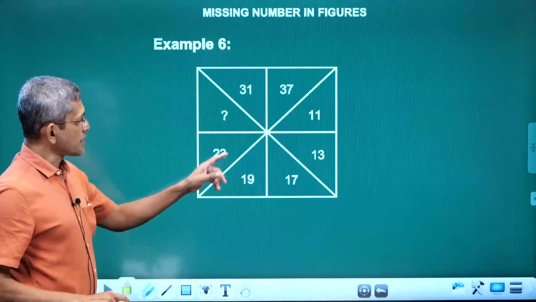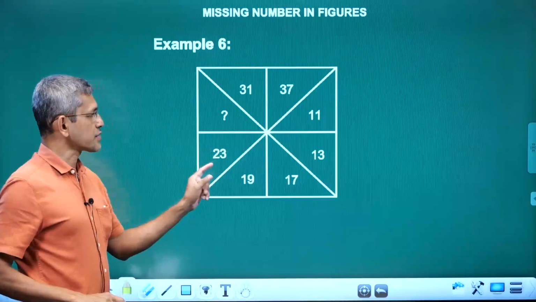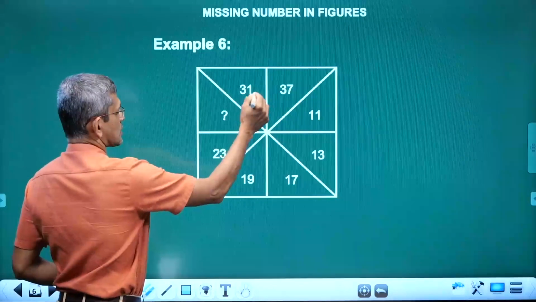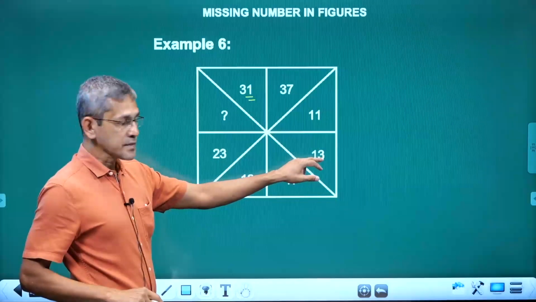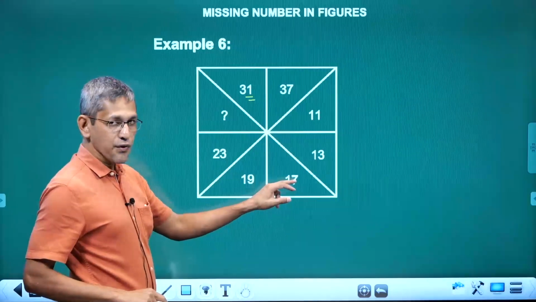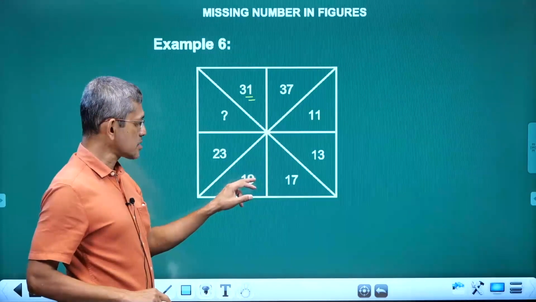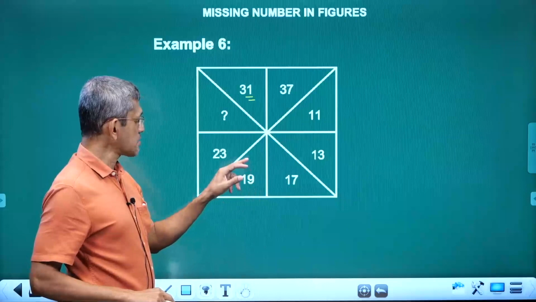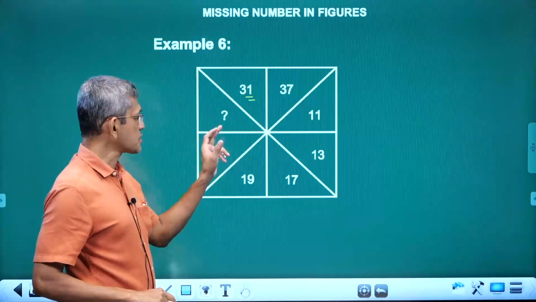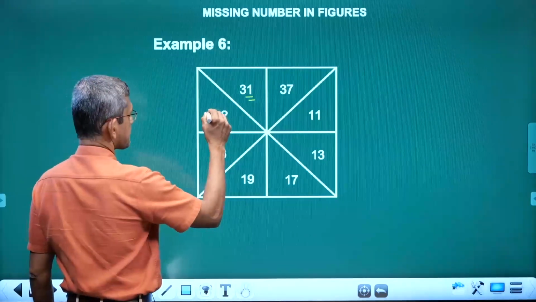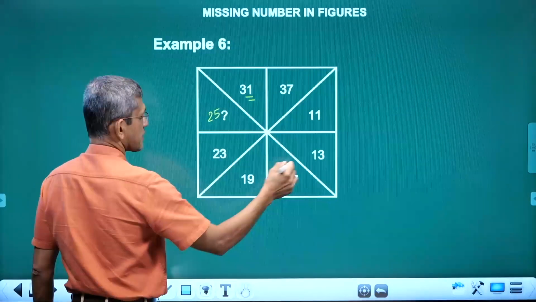Right here we have 11, 13, 17, 19, 23, and this is 31. So what is that? 11 plus 2 is 13. 13 plus 4 is 17. 17 plus 2 is 19. 19 plus 4 is 23. And 23 plus 2 is 25. If it is 25, what is the difference here?